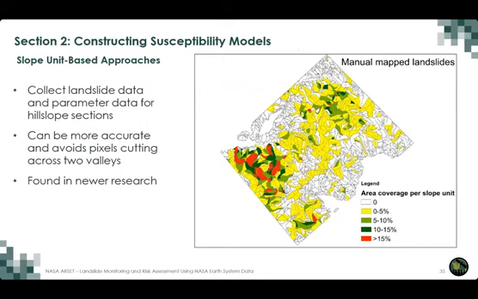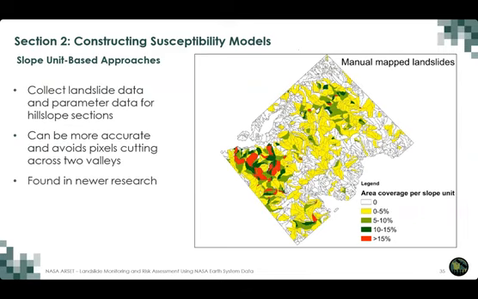In more recent studies, a different approach has been taken, and that uses what's referred to as a slope unit. The important difference here is that in a raster-based or pixel-based approach, if you have a very coarse DEM relative to the size of the landslides, the hill slopes where the landslides may be occurring may not be effectively captured by the DEM itself. So you could have pixels that overlap the edge of a watershed and wouldn't be capturing the data there at all.